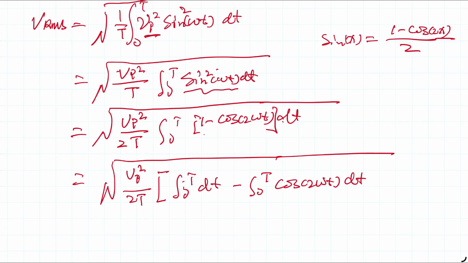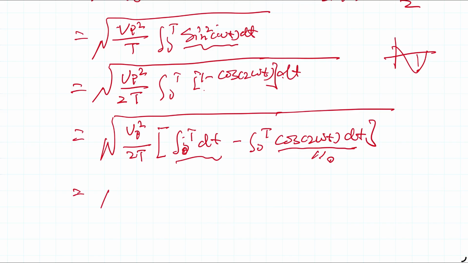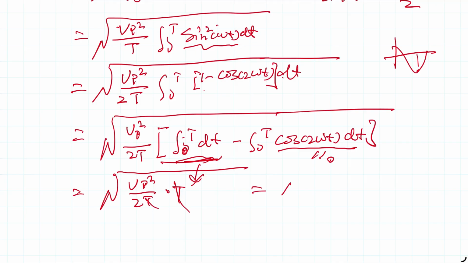This looks like a lot of terms, but it's actually very simple, because if you integrate a cosine wave over a full cycle, the average will be 0, so this whole term will be 0. What the first part gives you is just capital T. So we have Vp squared over 2T times T, the T and T cancel, and what you're left with is Vp squared over 2.